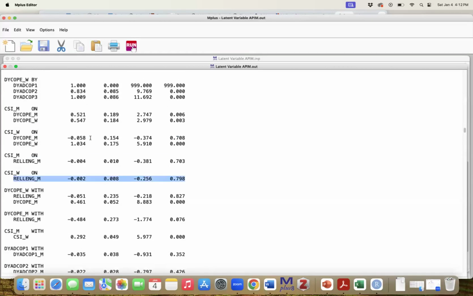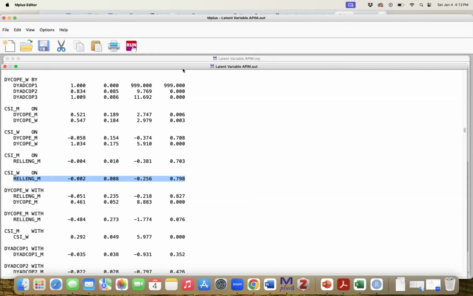on the individual items. All right, because the structural portion of the model, all of our actor effects, all of our partner effects, and all of our covariances between our IVs and our DVs, as well as the covariance of our covariates with the IVs and prediction of the DVs, that part of the model is saturated, which means there's no degrees of freedom in that part of the model.